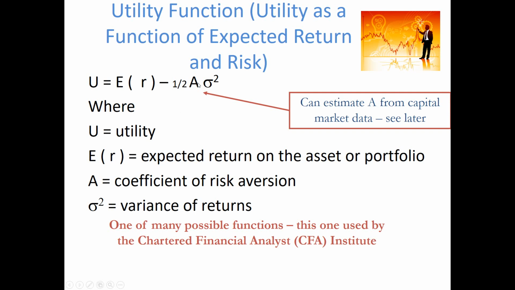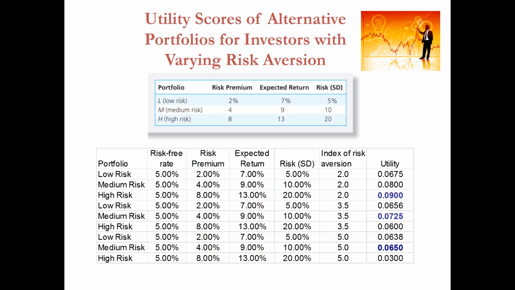However, if A was negative, we would actually have a risk lover, and we know that a risk lover's utility actually increases when risk increases. But by and large, we expect that the majority of investors will be risk averse, which is why A will be a positive number, as I mentioned before, somewhere on a scale from 1 to 5.